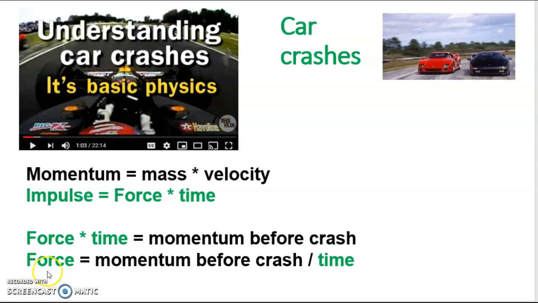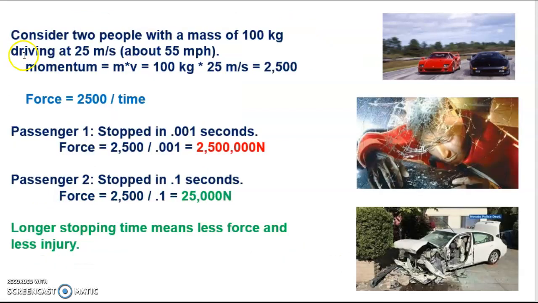But the force that a person experiences is going to be equal to the momentum that they had before they crashed. So their mass times velocity. So if they're traveling at a higher velocity, they're going to have a larger momentum. But the force that they experience is going to be whatever that momentum was before they crashed divided by the time it takes for them to slow down. And let me just put a couple of numbers on that to emphasize that.